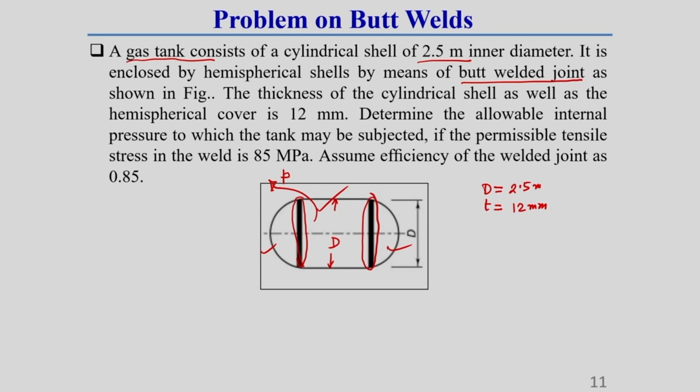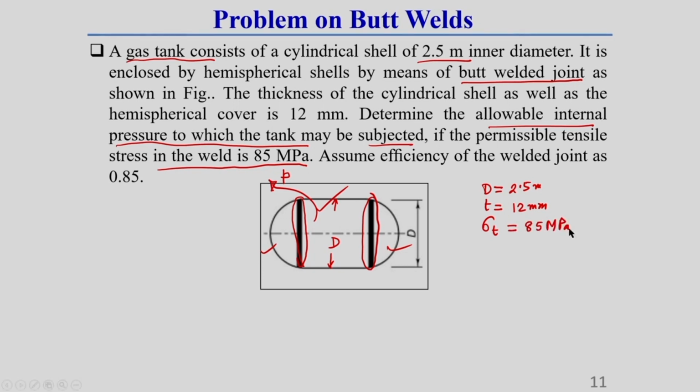Determine this allowable internal pressure to which the tank may be subjected if the permissible tensile stress is 85 MPa. That means this weld permissible stress is given as 85 MPa.